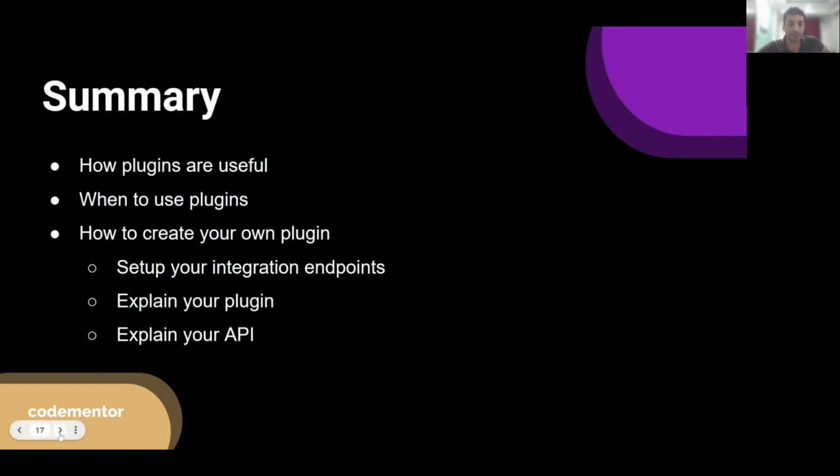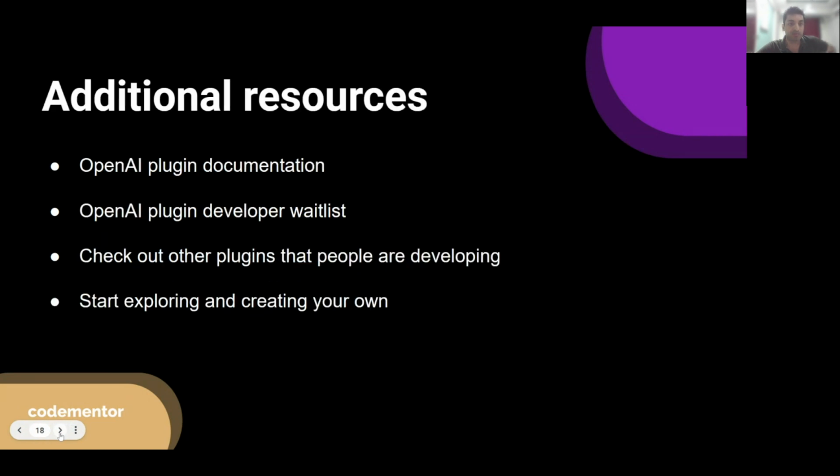This was a short session, so for additional resources, you can go and check out the OpenAI plugin documentation. If you don't have access to create your own plugin, don't worry. You can just go to the developer waitlist and sign up, and I think you'll get access to creating your own plugin fairly quickly.